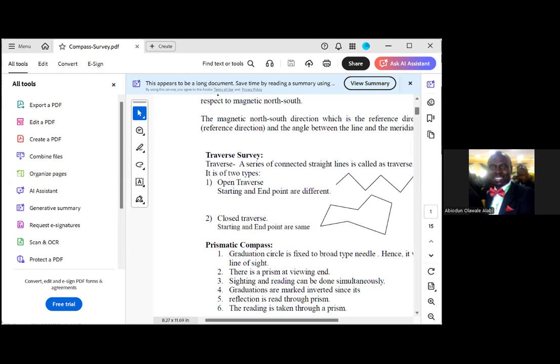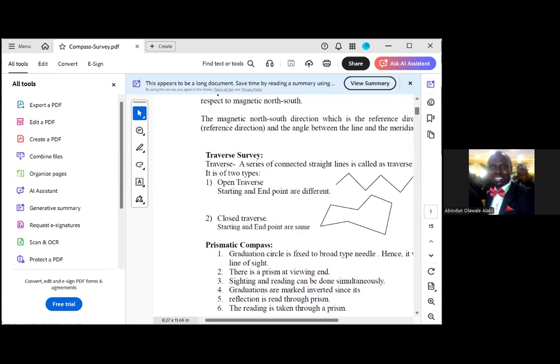And what is that residual? The difference between the most probable value and the measured value will give you the residual. So I've explained the meaning of error, the meaning of residual, and what is called the true value and the most probable value.